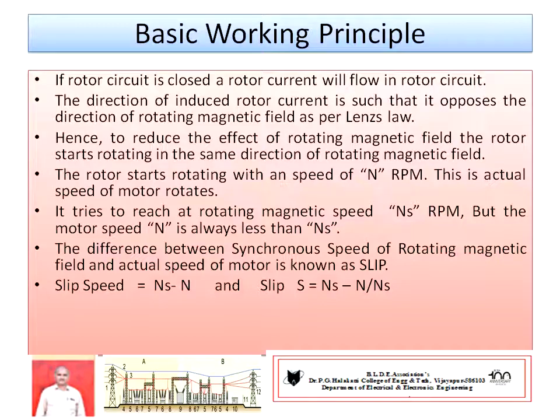The speed of the motor is always less than the speed of the rotating magnetic field ns, that is, n is always less than ns. The difference between the synchronous speed of the rotating magnetic field and the actual speed of the motor is called slip. This slip depends upon the load condition on the motor.